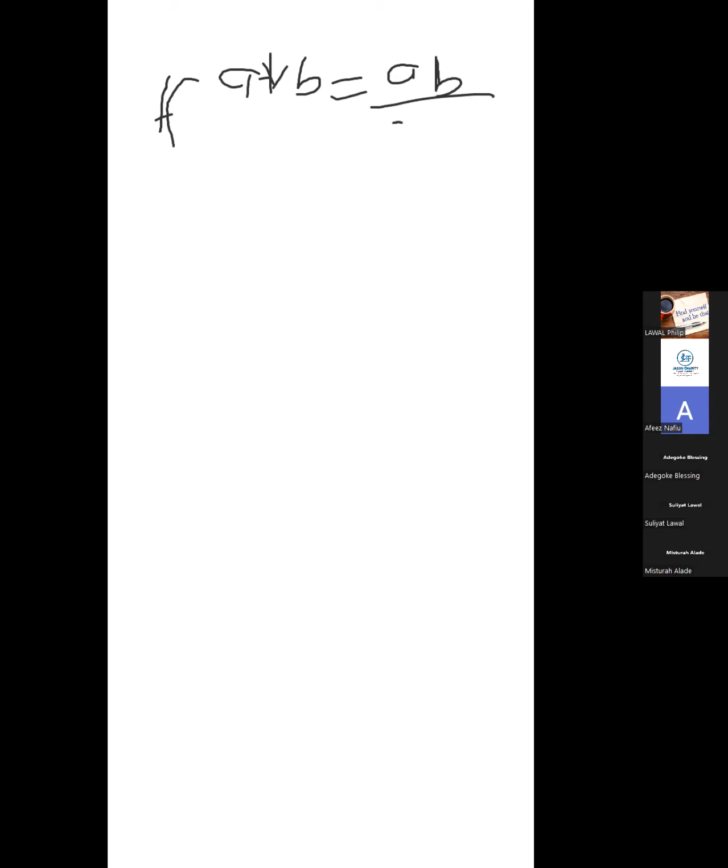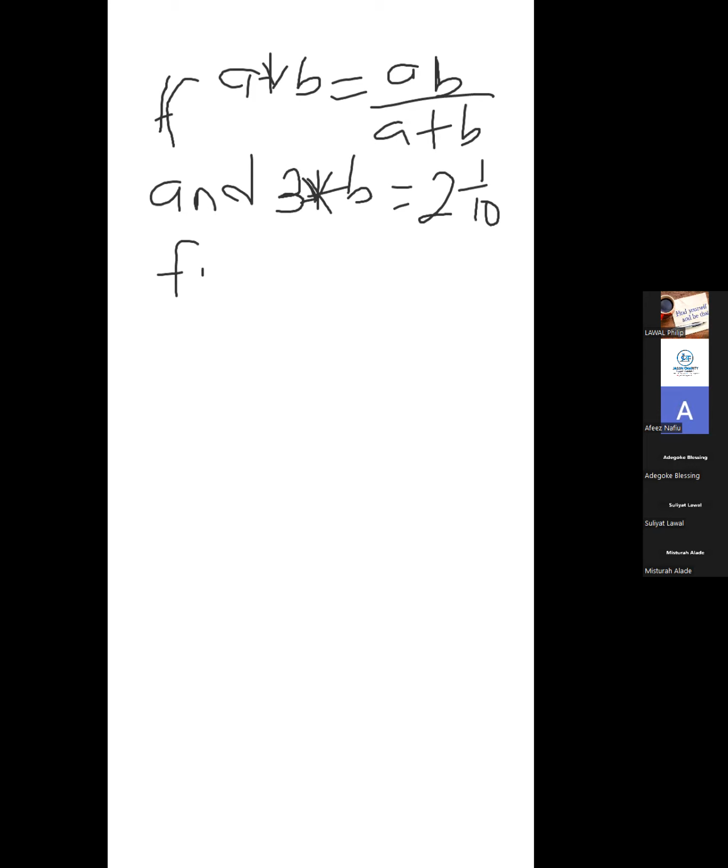And 3 star B is equal to 2 number 1 over 10. Find the value of B.